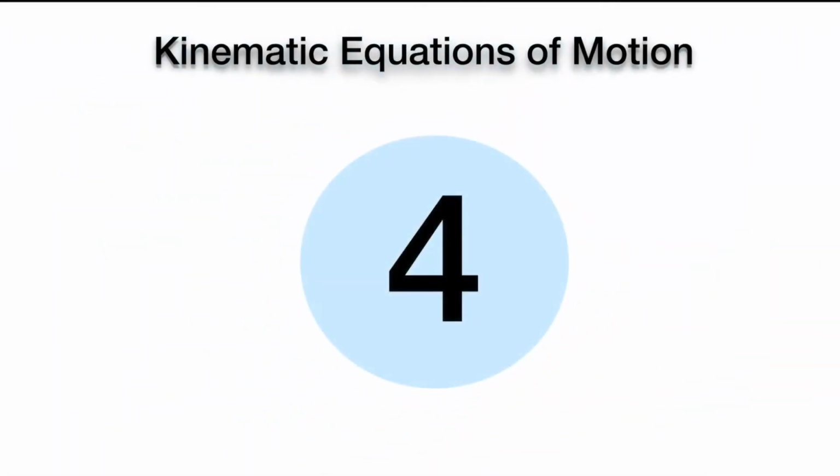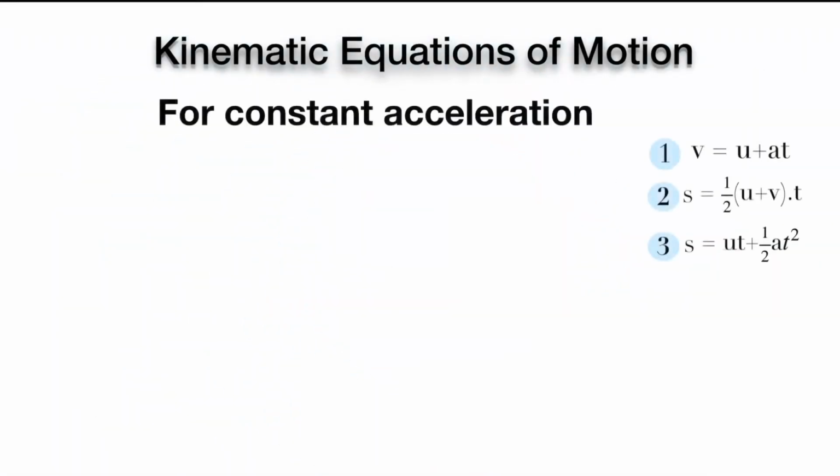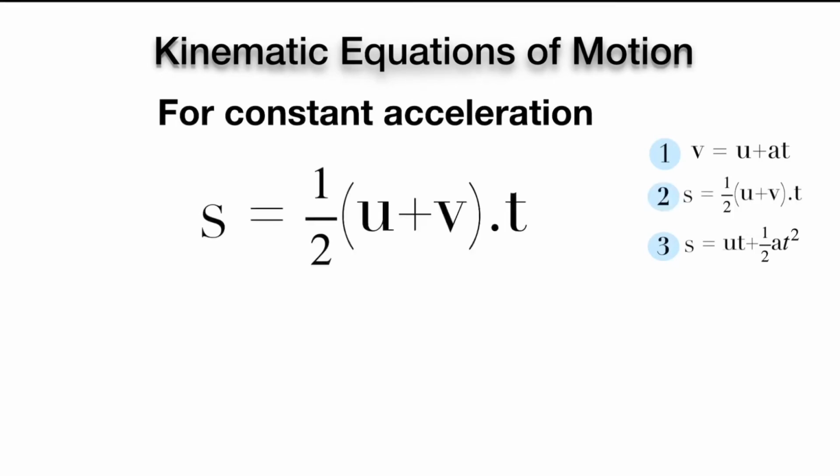Now let's check out the 4th equation. This equation also uses the first two equations of motion. Using the displacement equation, we are going to put the value of t from equation number 1.